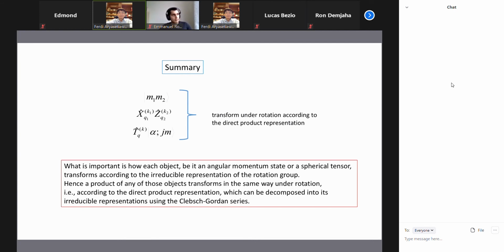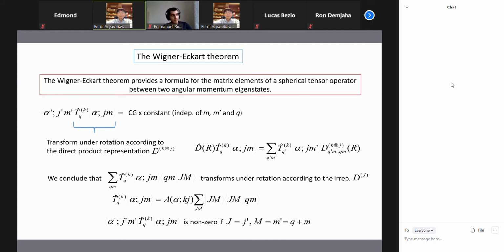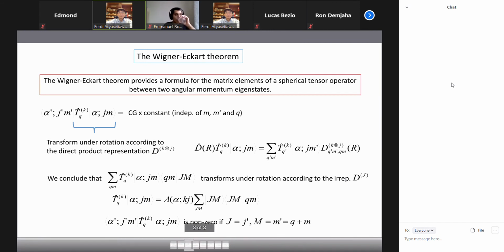So we go back here. When we take the matrix elements with another momentum state, this is not zero only if m prime is equal to q plus m.